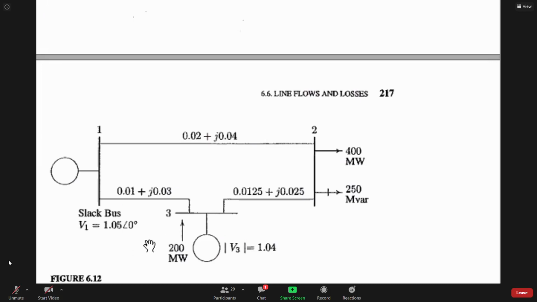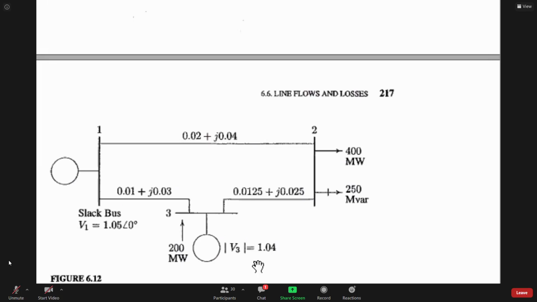Based on that reference, we can say what the value of the other buses is in terms of voltage. The difference here is that power information for the regulated bus will be given to you. Okay, but for the slack bus it will not be given. You have to determine it from the calculation.